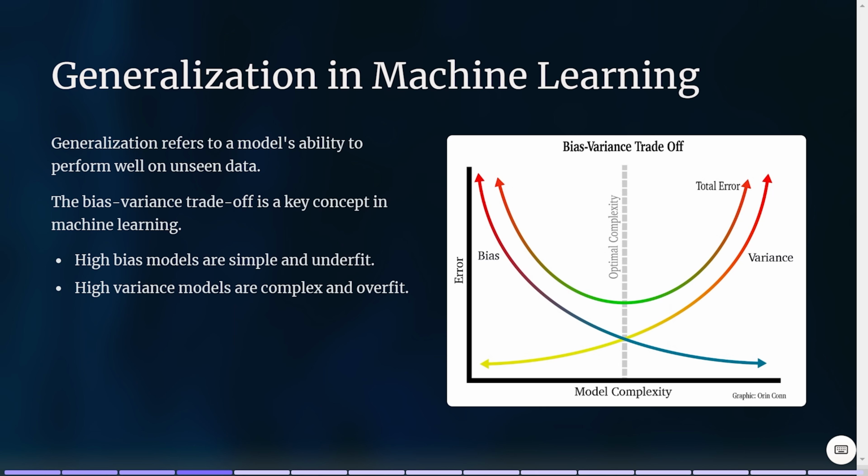High variance models, like very deep neural networks, tend to overfit. They're too flexible and end up memorizing noise. Striking the right balance between bias and variance is like walking a tightrope. It's all about finding the equilibrium where our models perform well on both training and test data.